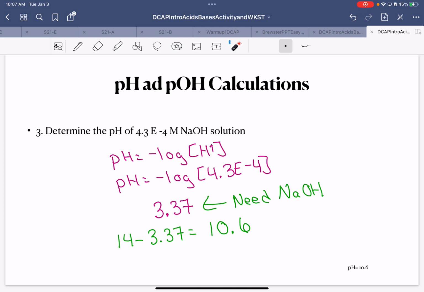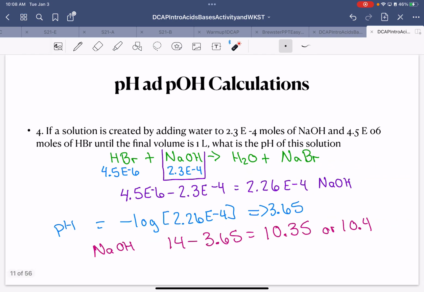Here I'm given NaOH. This one's a nice little problem because if you follow along, you do your pH, you get 3.37, and hopefully at this point you go, I have sodium hydroxide, I cannot have a pH of 3.37. So you take 14 minus that and you get your actual pH, which is 10.6.